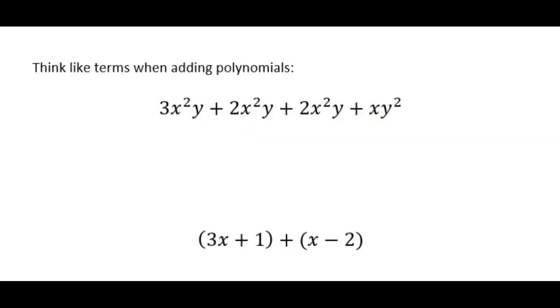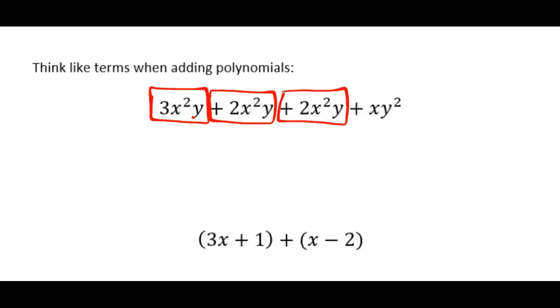Okay, so I need to find what I have for like terms. So here I have 3x squared y. Do I have any other x squared y terms? I do. Here I have another one. Okay, and here I have one more.